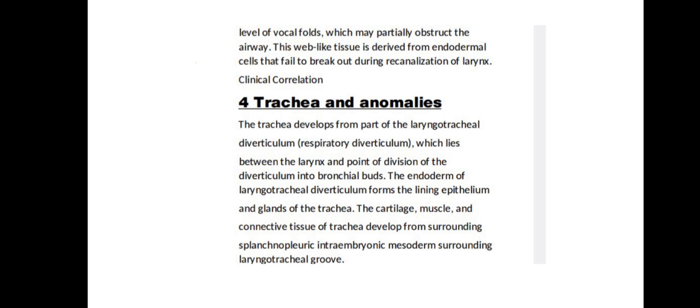Now we said that the endoderm forms the lining epithelium and the glands, while the splanchnic mesoderm forms the cartilages and the smooth musculature, including the connective tissues, while the neural crest cells will give rise to the enteric nerve plexus to both trachea and the esophagus.